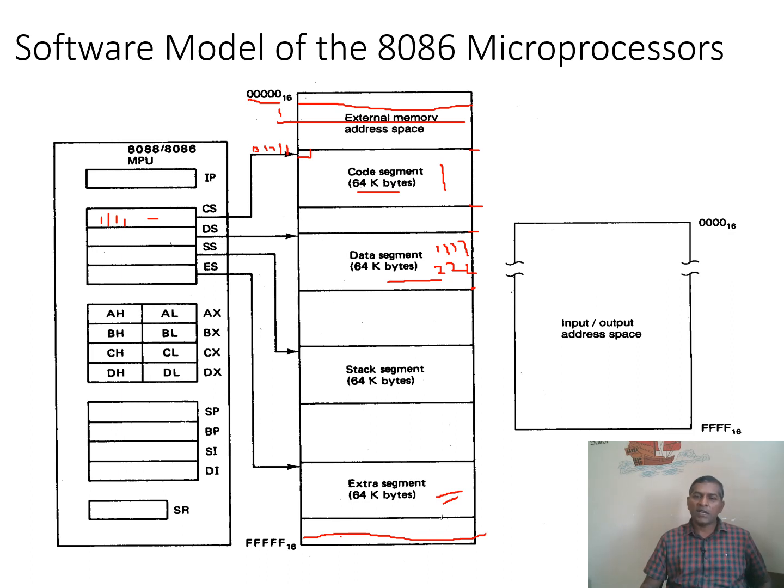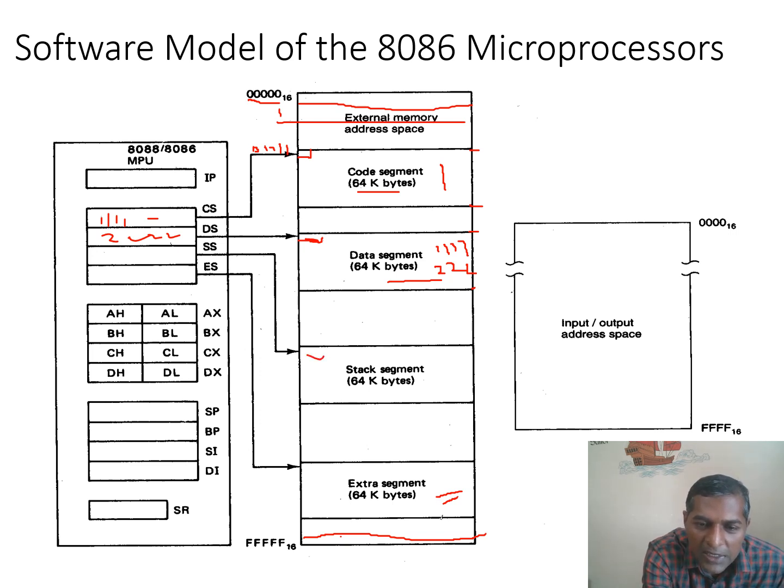Likewise, the starting address of the data segment is stored here. Let's assume, say, this is 2222. This 2222 is stored here. With this we will be able to access this particular space and make use of this particular data segment.